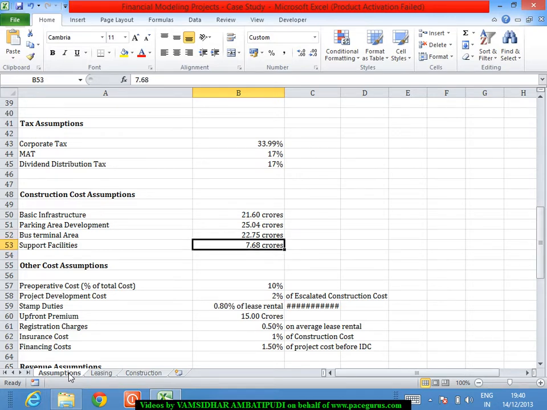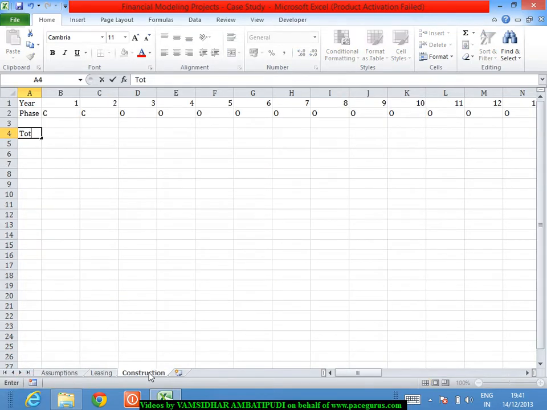So the simple way is that all these things could have been modeled as separate projects altogether, right? So what we generally do is work out all this construction cost related stuff elsewhere, and we can bring out one entry here saying total base construction costs.